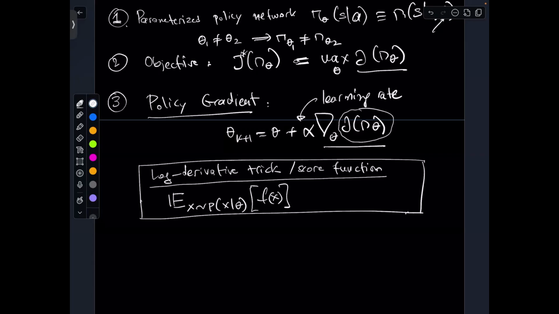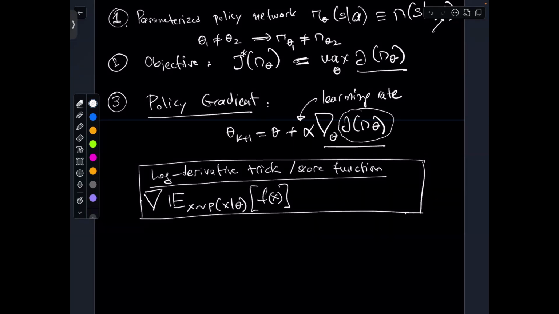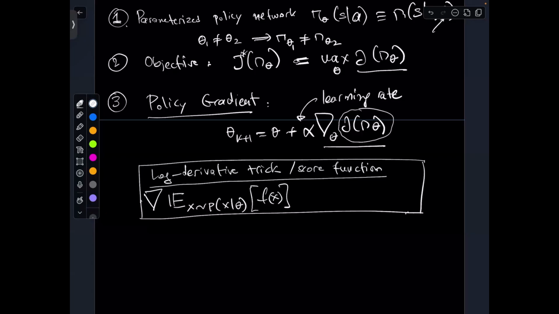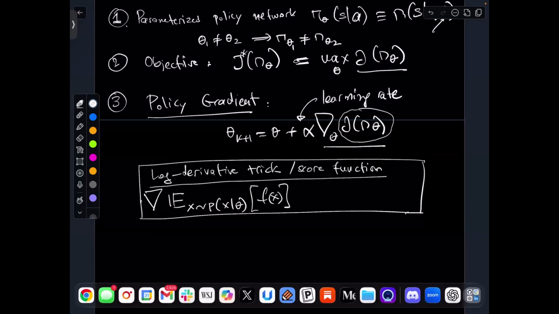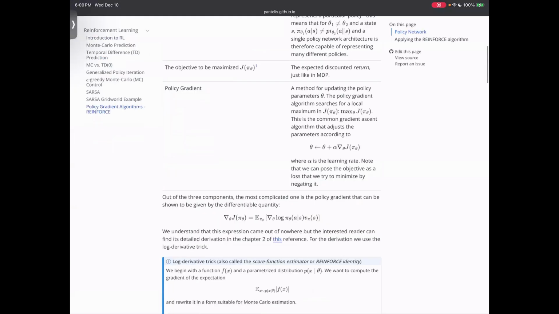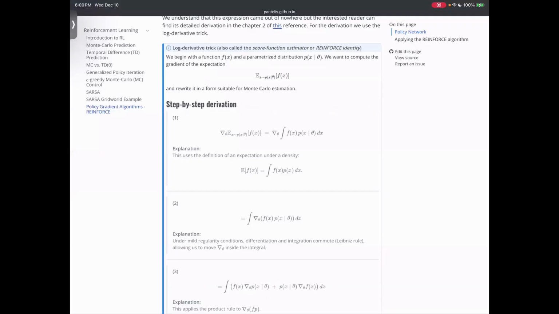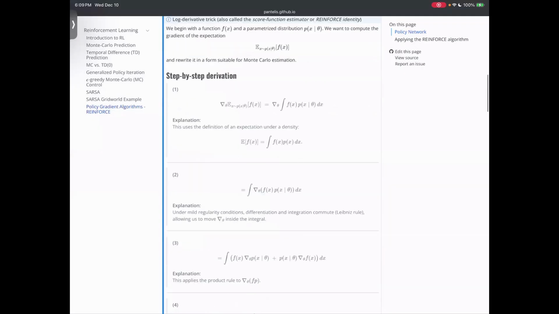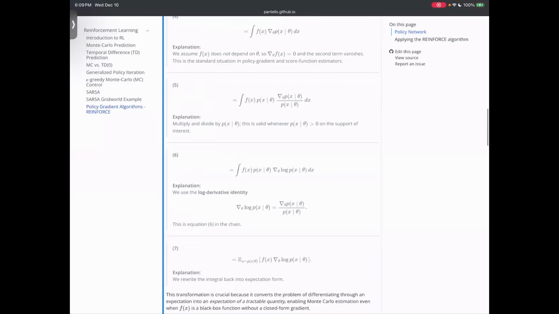Over here we need to minimize a function which has an expectation, so we need to calculate the gradient of the expected value of a function f of x. If you go to the website, we need to do certain steps, which is the log derivative trick that I'm telling you about, in order to reach the final conclusion.